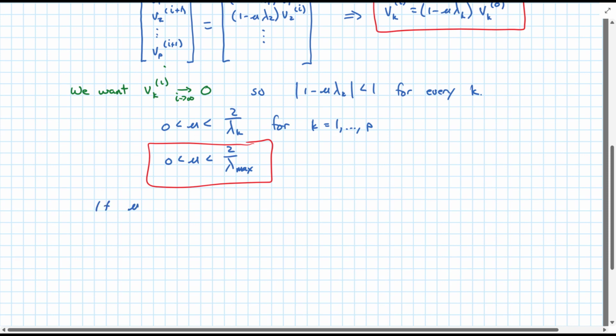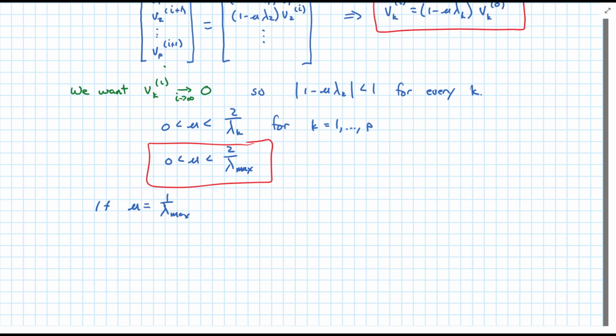That is, if mu is equal to 1 over lambda max, then we have a perfect solution in one step, but it's only for that mode. So only one mode, or one of those equations, will decay to 0 in one step. The others are going to be slower.